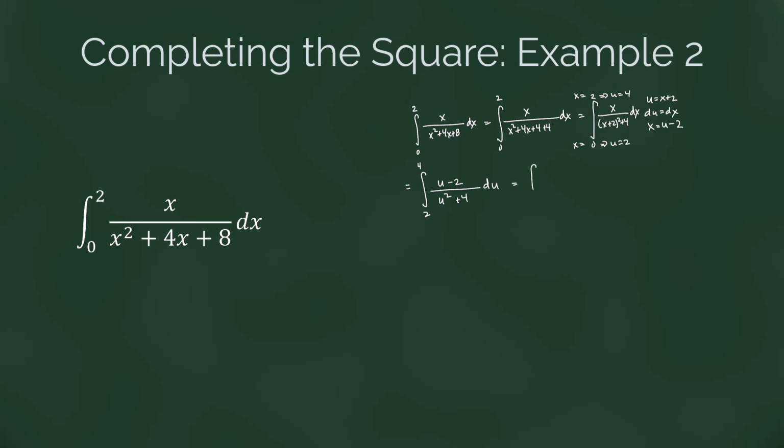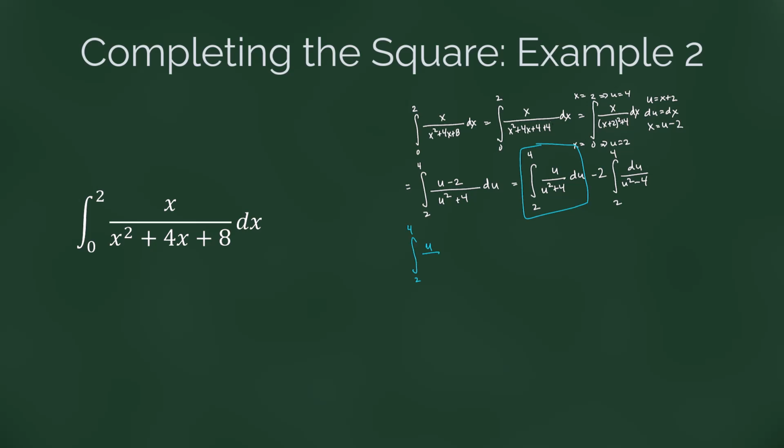Now we're going to use our splitting technique. So we'll rewrite this as the integral from 2 to 4 of u over u squared plus 4 minus 2 times the integral from 2 to 4 of du over u squared plus 4. We'll take the first part of this separately.